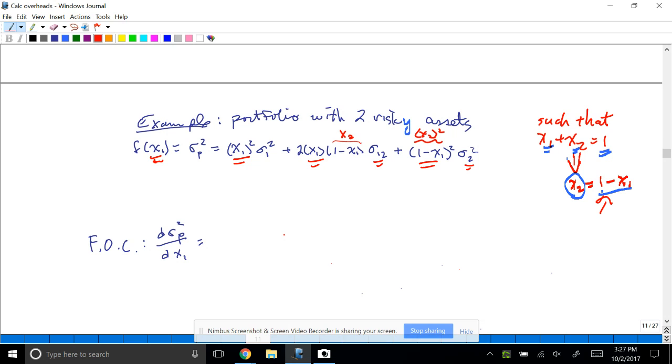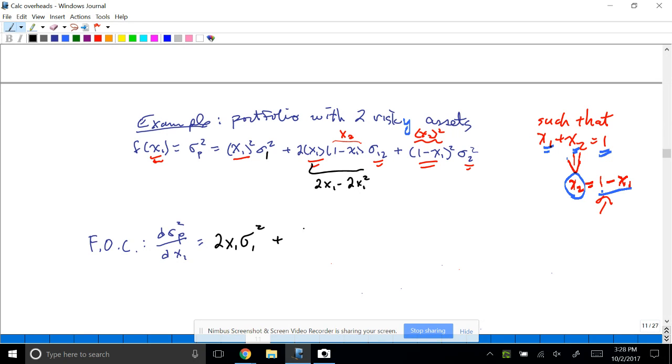All right, so let's see. The derivative of this with respect to x1 is going to be 2x1 times the variance of asset 1, and this I think we can write as 2x1 minus 2x1 squared.